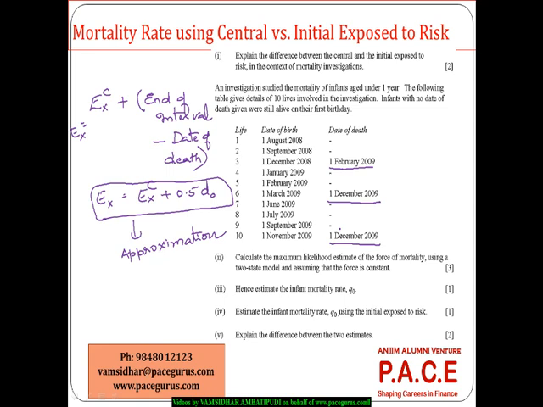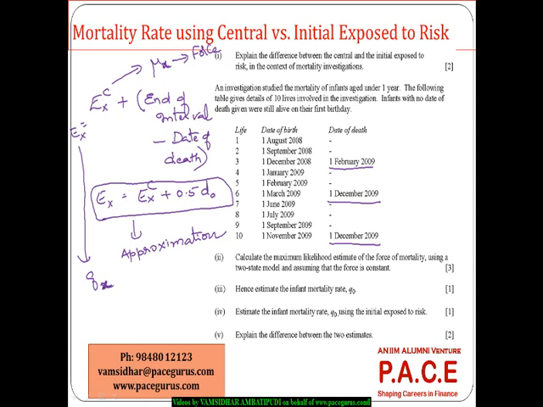But just as a quick note, whenever we consider the central exposed to risk, we generally use it to estimate mu x, which is the force of mortality. But whenever I am working with the initial exposed to risk, I generally use it to estimate the discrete probability of death, which is the qx form.